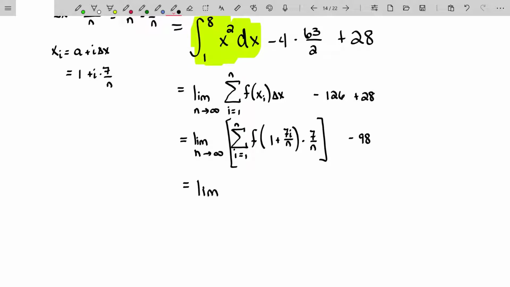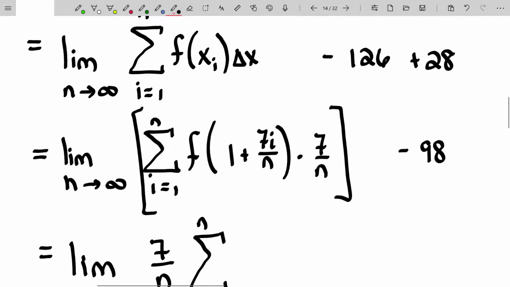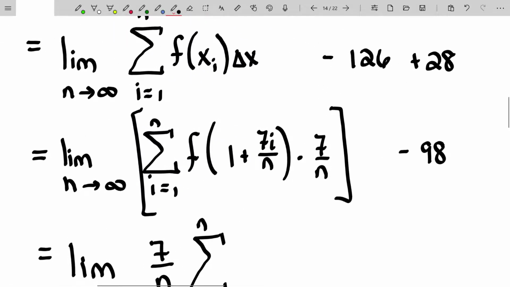So this is going to be the limit as n tends to infinity. This 7 over n, it's not affected by the index i. So I'm going to factor that 7 over n out of the summation. The rest of it's kind of stuck in there because the rest does rely upon i equals 1 to n. And we have f evaluated at 1 plus 7i over n.